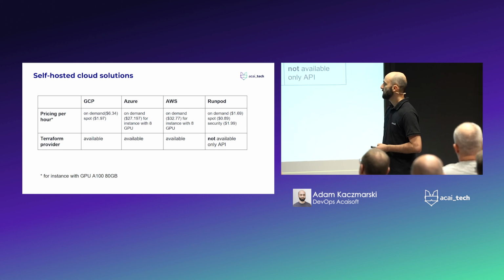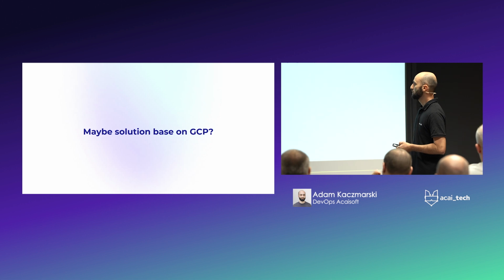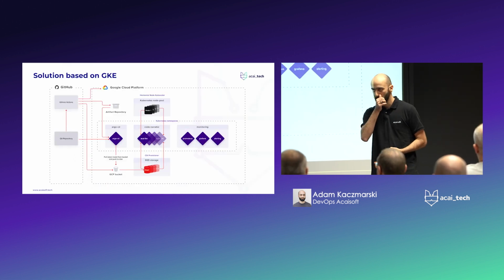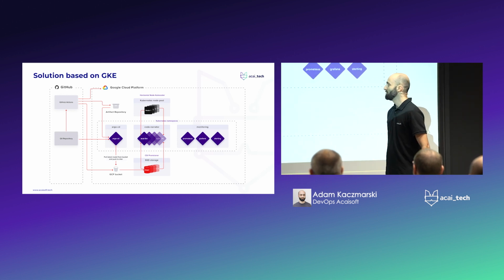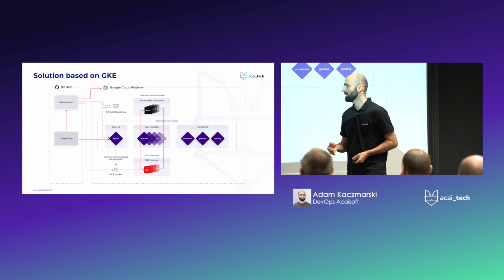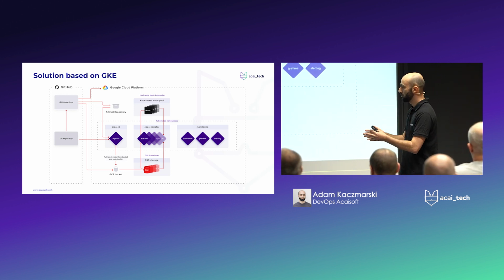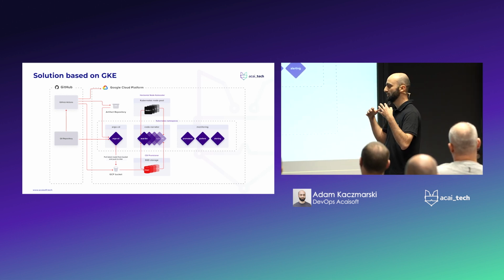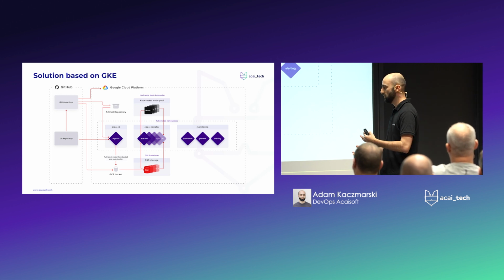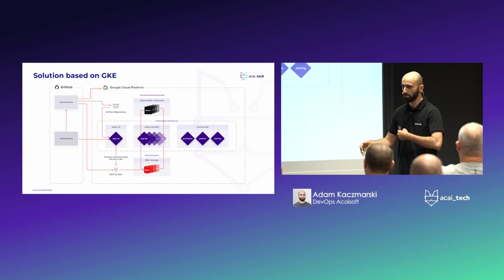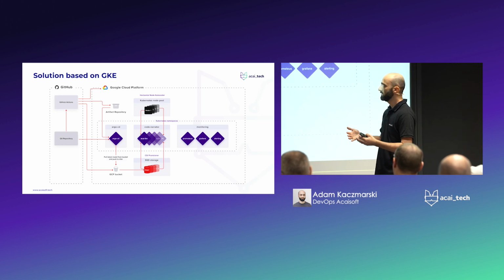Okay, so I would like to show a solution based on GCP, because we tried that for AI projects, and we checked that it works, but there are some issues. Maybe I will explain later. We had a Git repository for everything: for Terraform code to deploy infrastructure, for Helm charts so we could run resources inside Kubernetes, because we want Kubernetes, since it has an autoscaler, and code to create the build image.